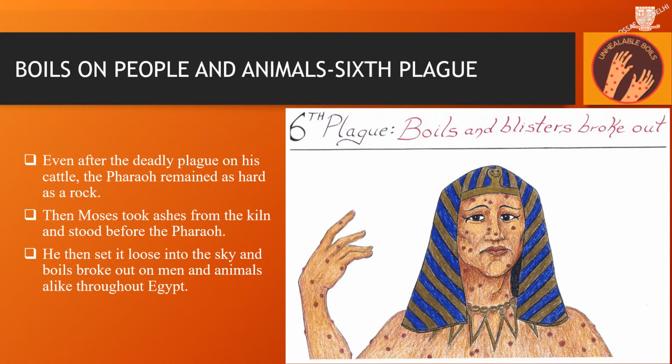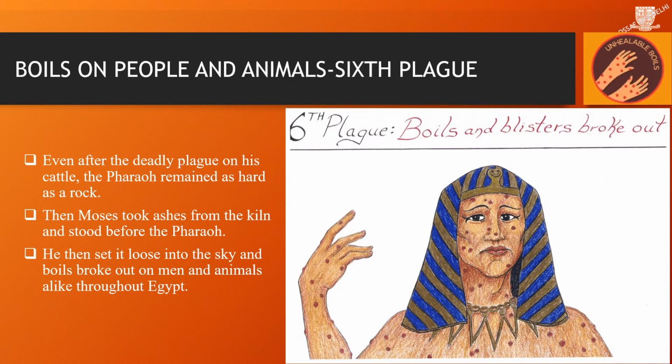Then Moses sent the sixth plague under God's command. He took ashes from the kiln and he stood before the Pharaoh. He then set it loose into the sky, and when the ashes were spread out in the sky, boils broke out on men and animals alike throughout Egypt.